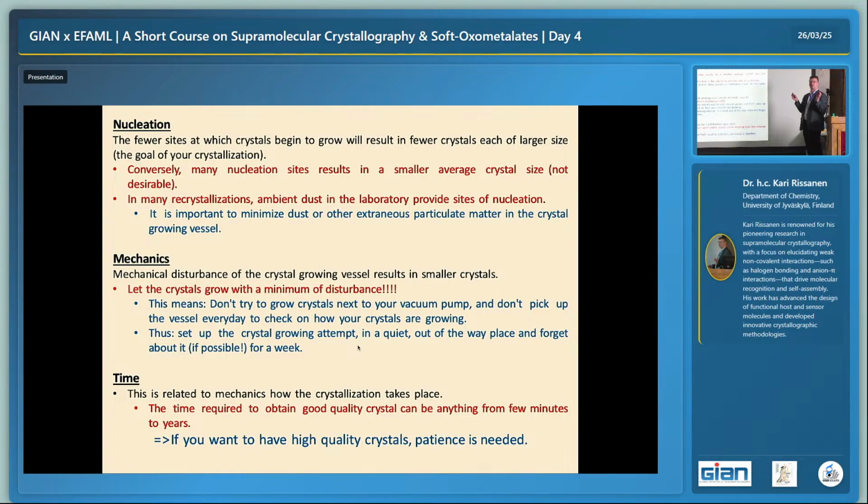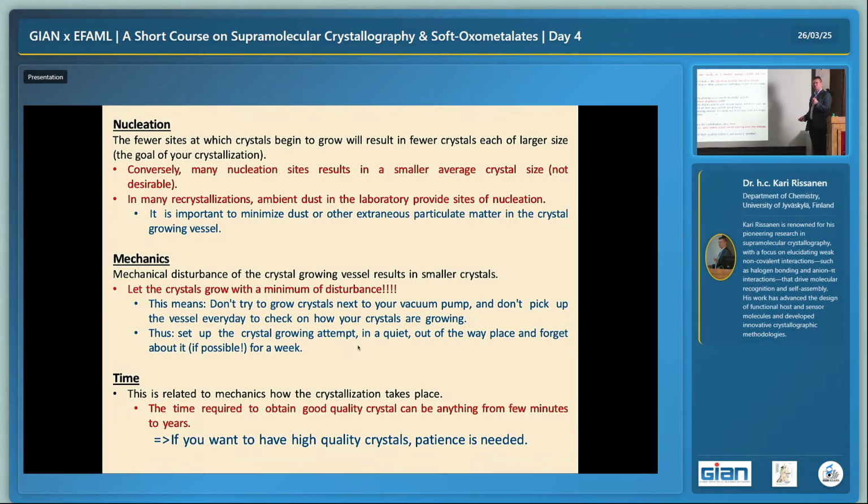So one dust particle doesn't mean anything. That's the idea. And then the mechanics, this is the shaking. If you shake your material or the vessel, the mechanical disturbance will also do the same thing.